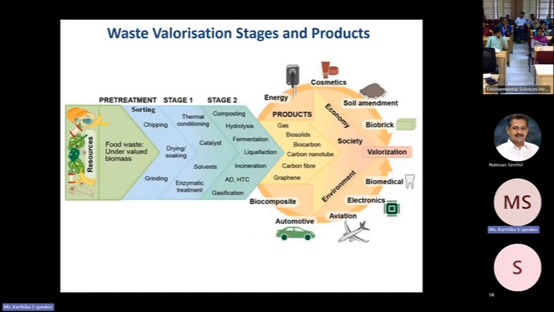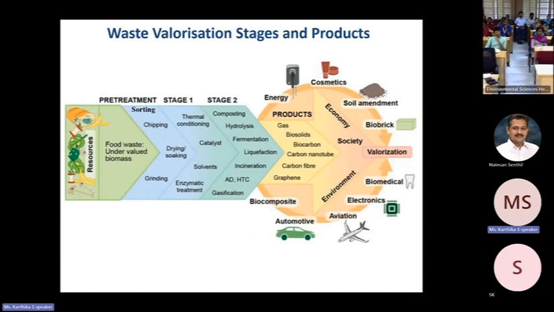Then stage 1: thermal conditioning or catalyst, solvent, you can use it to extract something, and enzymatic treatment. And stage 2, if you are extracting something else, then you go for the next stage: composting, hydrolysis, fermentation, liquefaction, incineration and gasification. All this process.